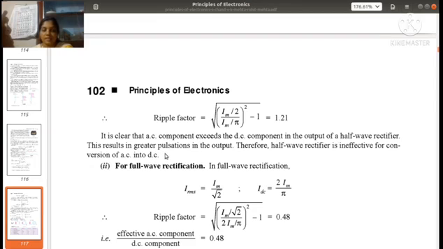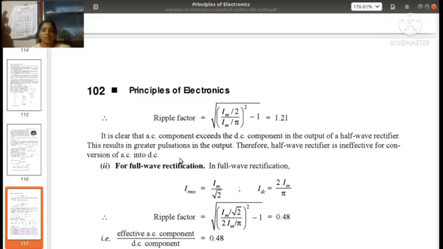This results in greater pulsations in the output. Therefore, half wave rectifier is ineffective for conversion of AC into DC. So 1.21 ripple factor is a big value, which implies greater pulsations in the output. That is, the output DC is very much pulsating in nature, and therefore half wave rectifier is ineffective for the conversion of AC into DC.